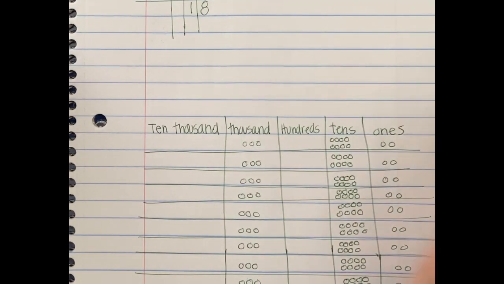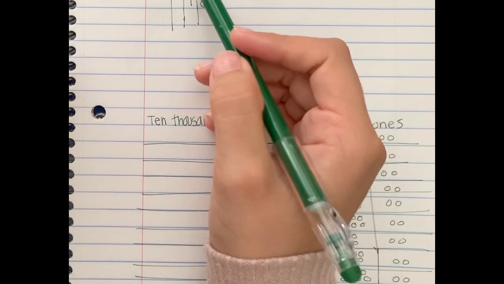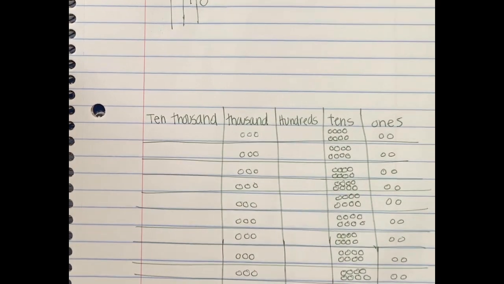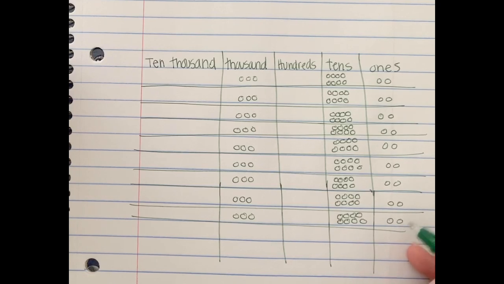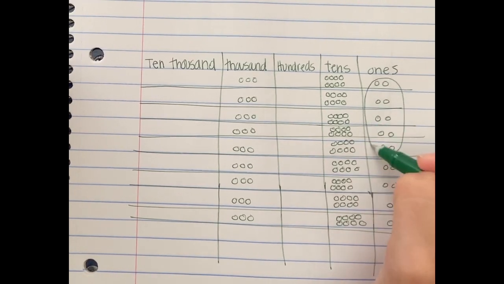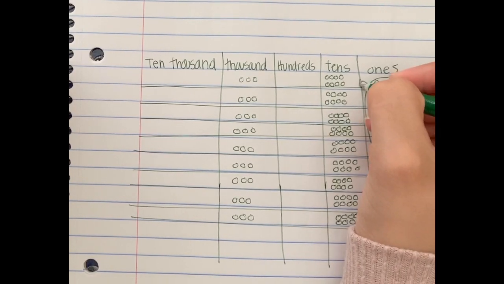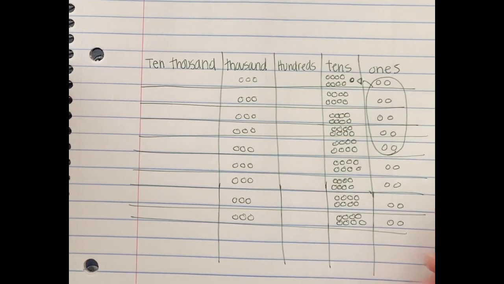Now, next one I'm going to do is my place value discs. So in my ones place, I have 18. So I bundle my 10, 2, 4, 6, 8, 10. They make 110. And I have 8 left over, right?